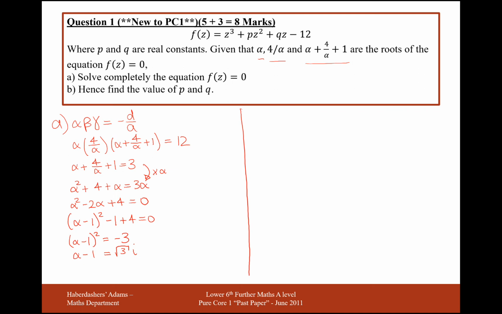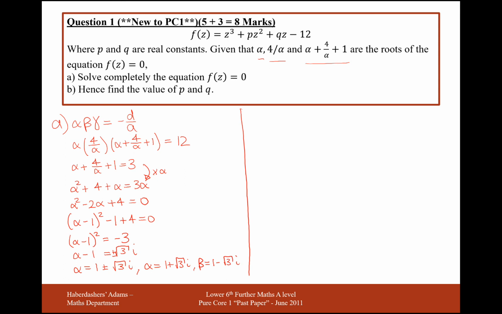So we have alpha equals, I forgot the plus or minus in there, 1 plus or minus root 3 i. So in fact that's two of our roots, because we've got a positive version and a negative version. So we could say alpha was 1 plus root 3i and beta was 1 minus root 3i.